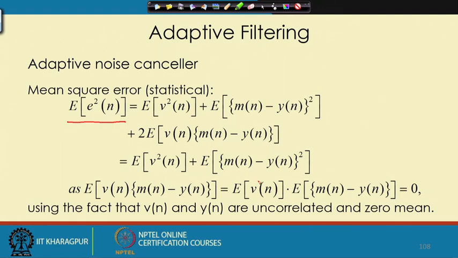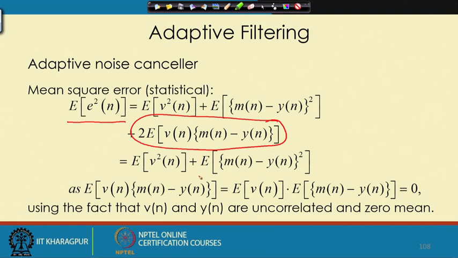Now, we can make it actually two terms: one part is V n, another part is m n minus y n. So, we can expand the square operation, and we get three terms here. Out of them, one term is the cross term between V n and m n minus y n. The other two terms are the squares of V n and of m n minus y n.